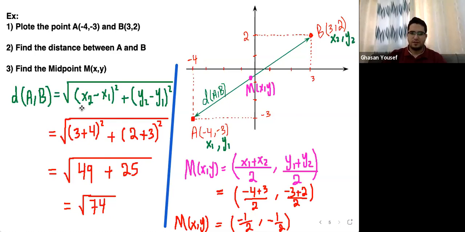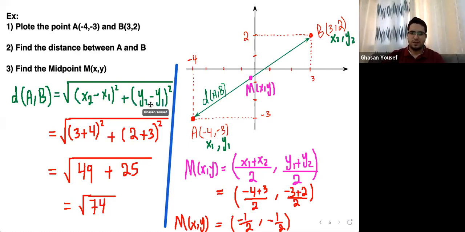My x2 is 3, minus x1 which is -4, and like we said, the minus changes to positive 4.